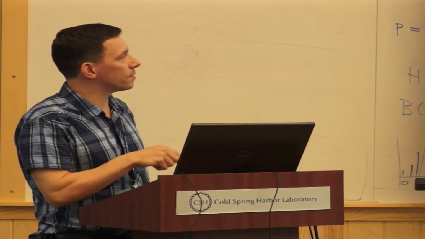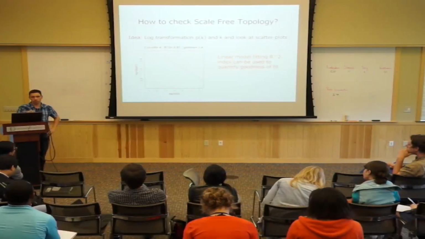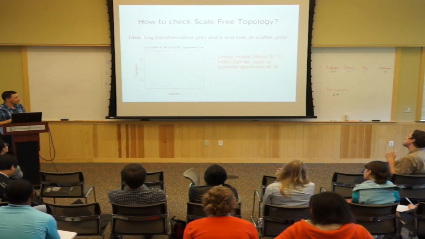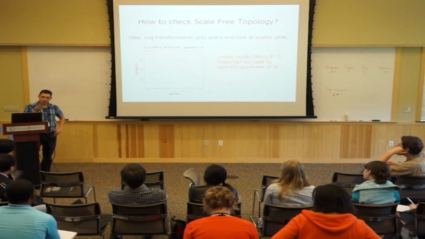Now, for our purposes, we use this type of behavior to choose a power. And remember, this is under the subject heading, how do you choose a threshold? Just to give you the answer already, I choose the threshold so that I get a scale-free network. That's the answer.